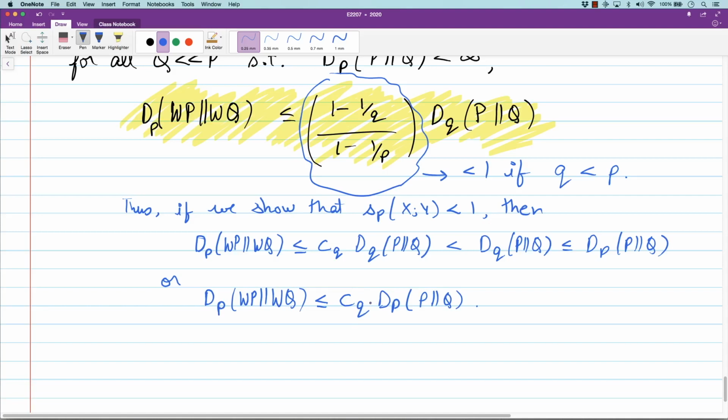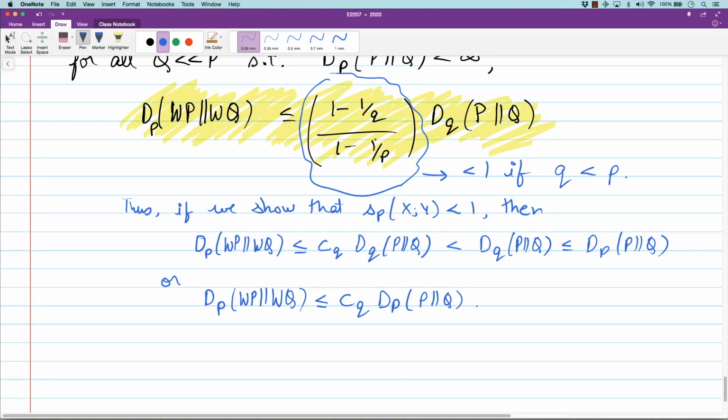And when is this constant the smallest? This constant is the smallest when this guy is the smallest. That's the best we can do. Note that S_p is not exactly this guy. S_p is related to q by p, and this is q minus 1. This is slightly different but a related quantity.